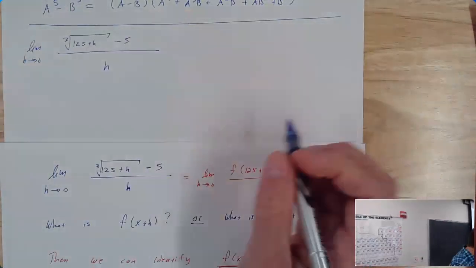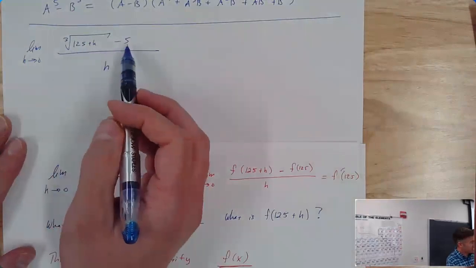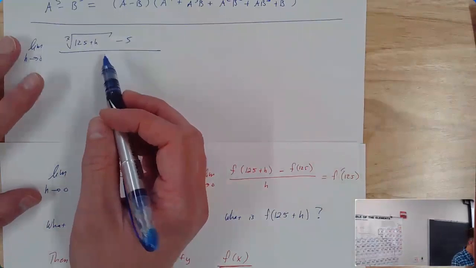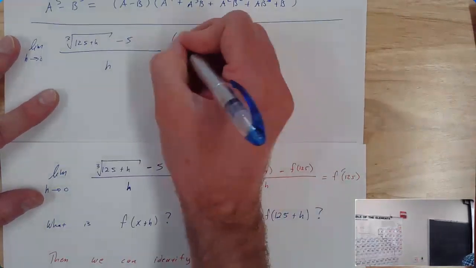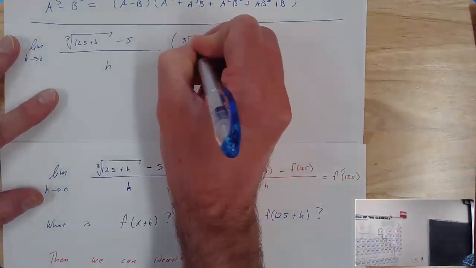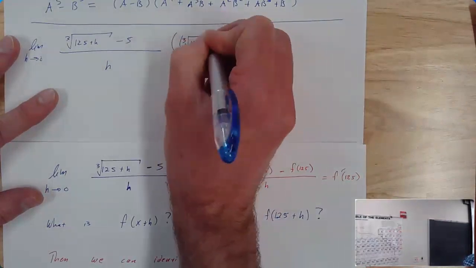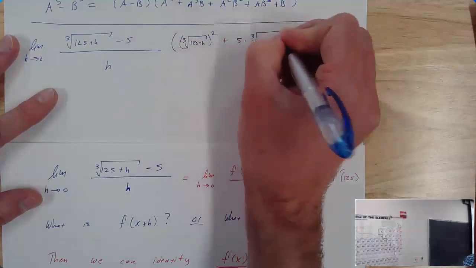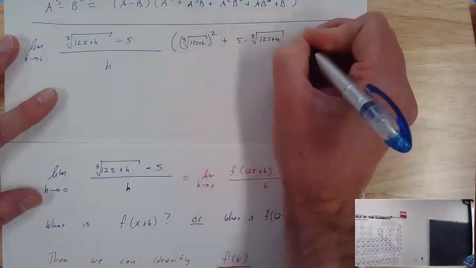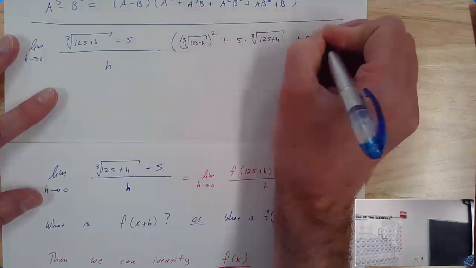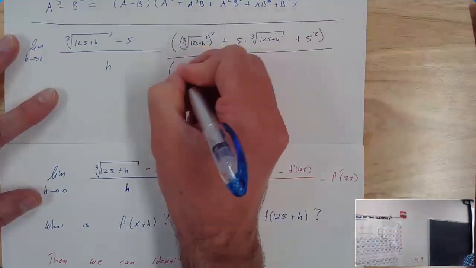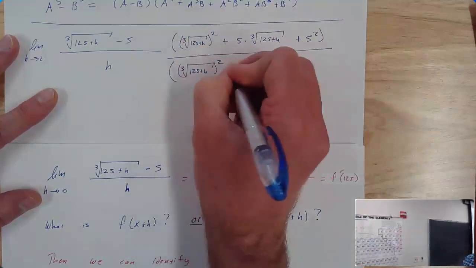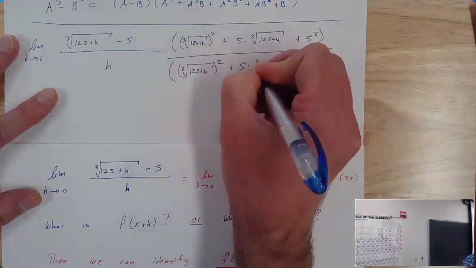Again, I'm thinking of this as my A and this is my B. So I'm going to multiply by a squared plus AB plus B squared. So that's going to be the cube root of 125 plus h, squared, plus 5 times the cube root of 125 plus h, plus 5 squared, all over the same thing. So if you really had a desire to do this the long way, this is how you would do it.